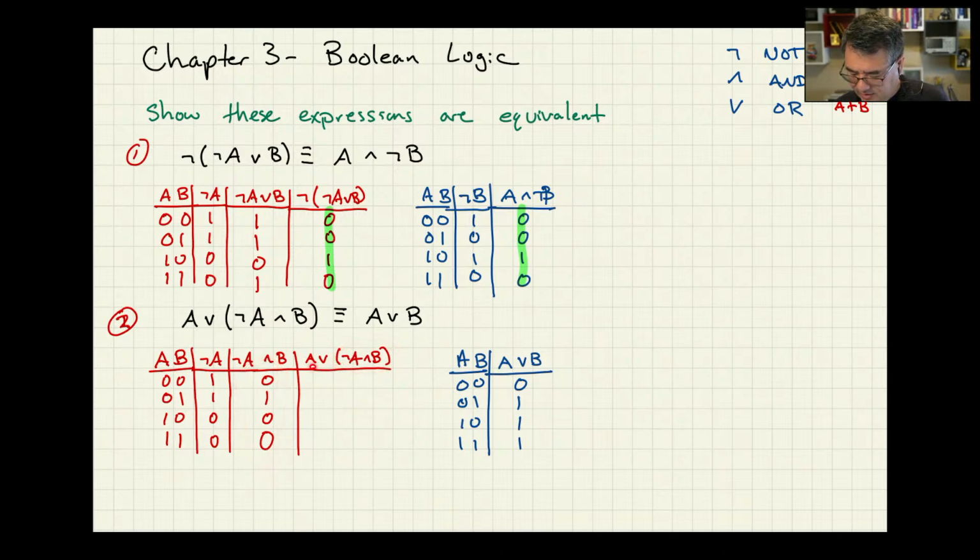So we're just doing A or this column. And then we end up with the same thing.